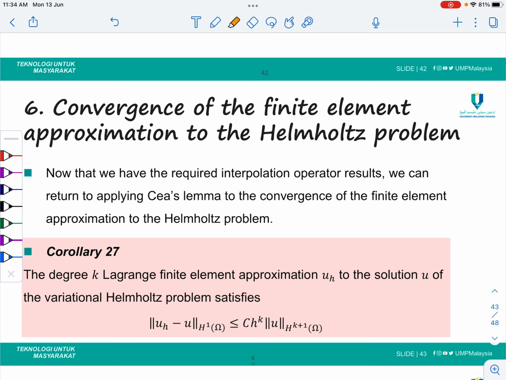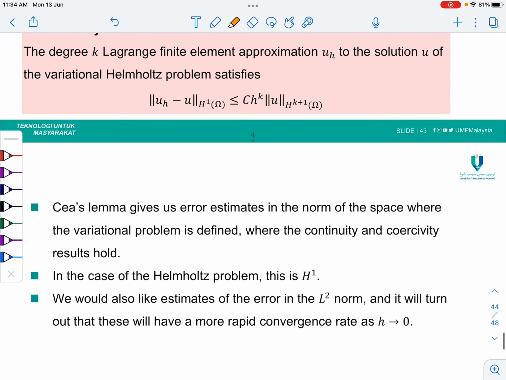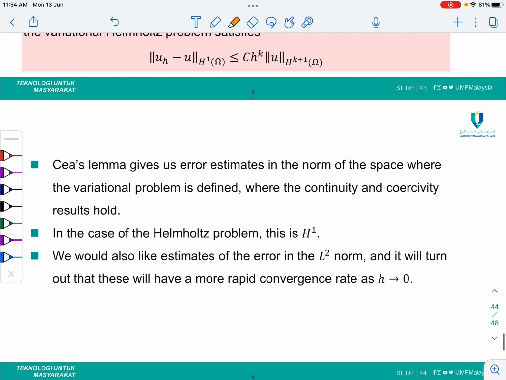The error u_h minus u in the H1 norm is bounded by C h^k times the H^(k+1) norm of u. Céa's lemma gives us error estimates in the norm of the space where the variational problem is defined, where the continuity and coercivity results hold.